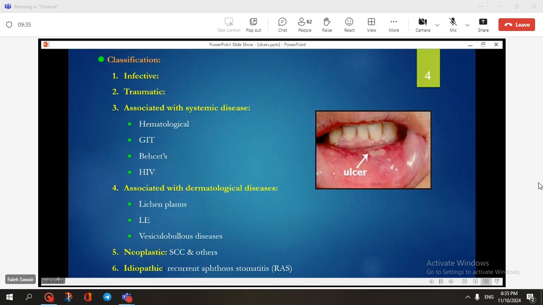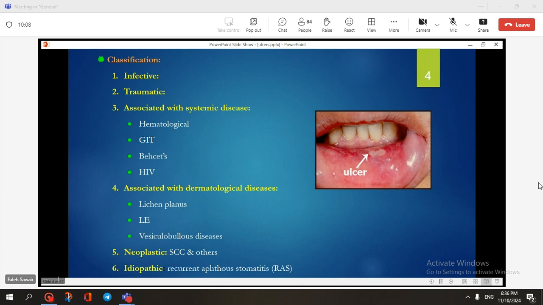And we will discuss also a group of diseases called vesiculobullous disorders. These vesiculobullous disorders are mostly inflammatory or immune mediated diseases that cause the appearance of vesicles with subsequent rupture of these vesicles or bullae, and it will end with oral ulcers. So these are called vesiculobullous diseases.